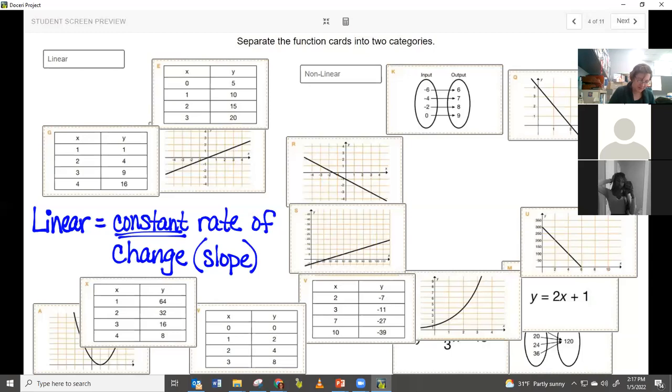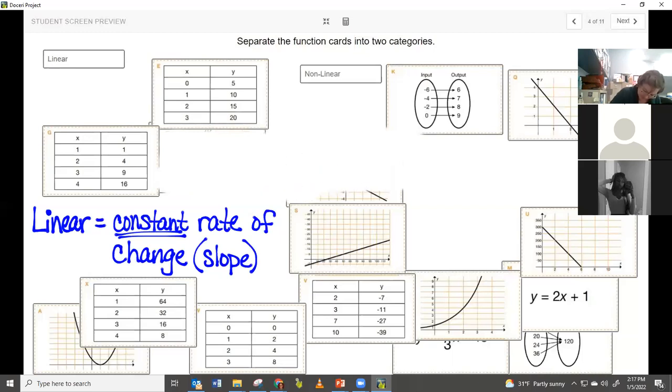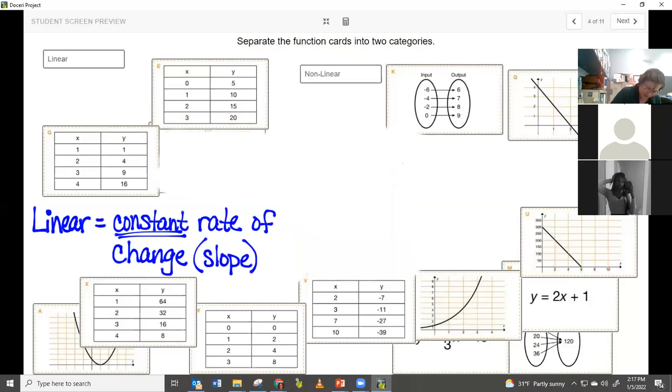I want to look at some of the tables because that seems to be the thing that's throwing a lot of people off here. I'm going to show you an example for how I would approach a table. I'm going to get this guy out of the way, just so I've got some room here. Okay. So when we talk about slope, can you guys tell me at all, slope means what over what? I'm looking for 2 words that start with R.